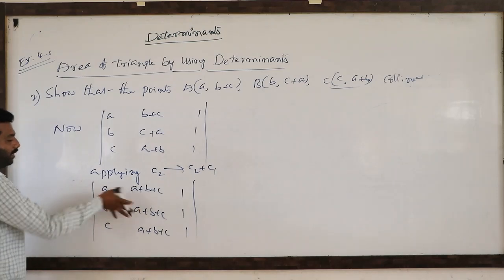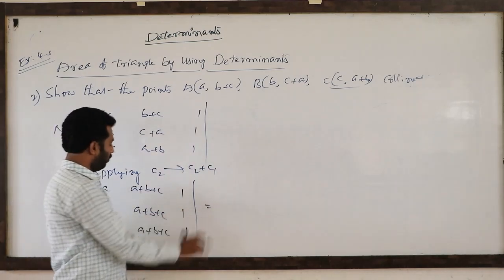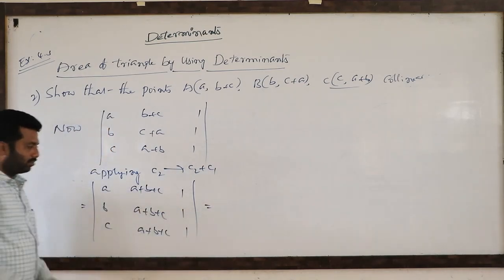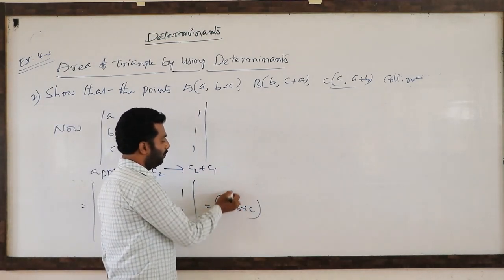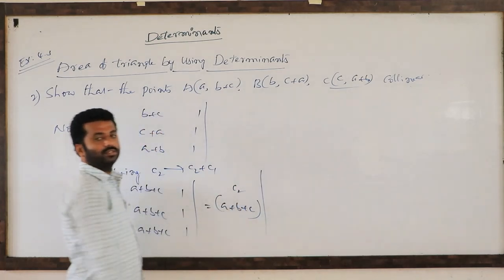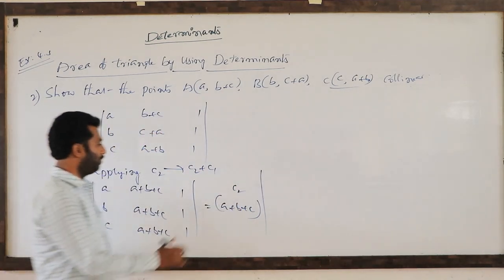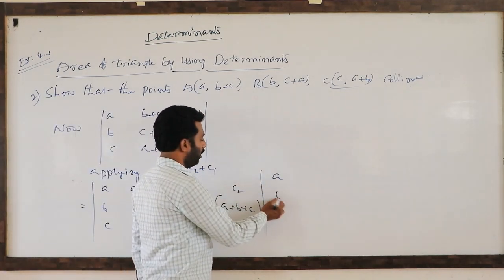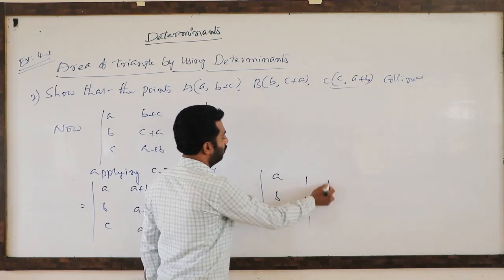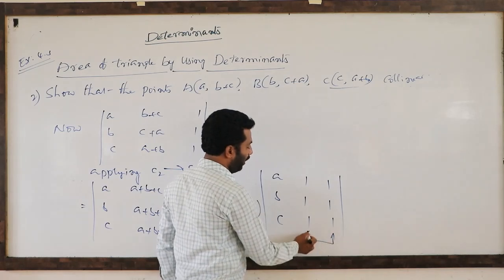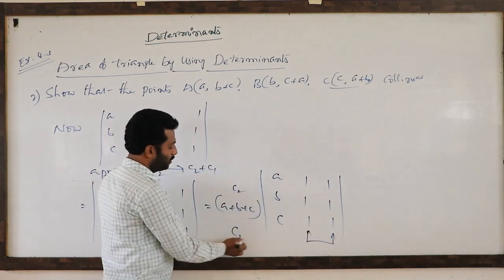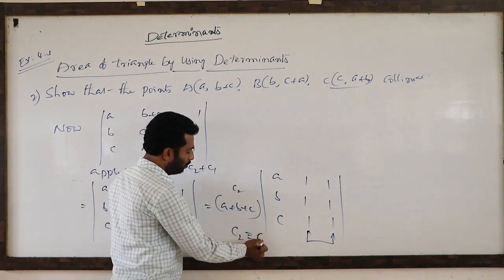So very clear, in the second column A+B+C is common. If I take A+B+C common from the second column, then what will be left? A, B, C; 1, 1, 1. So these two columns are identical, meaning C2 is identical to C3.